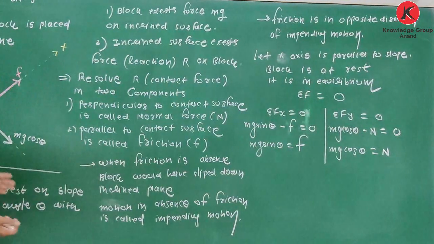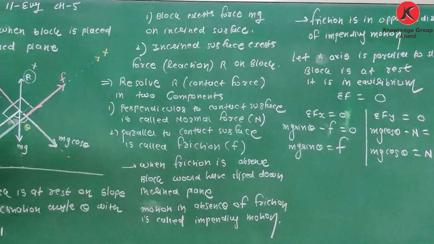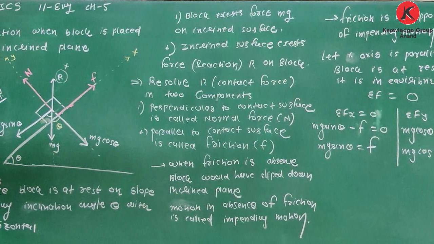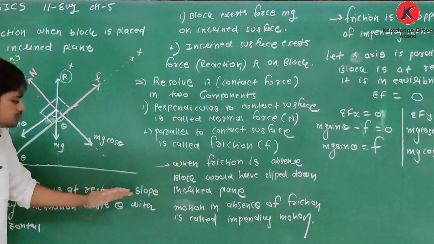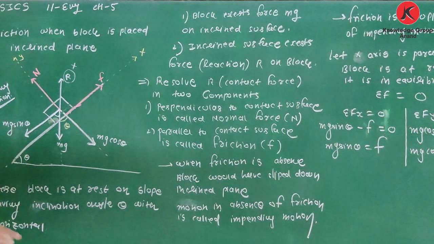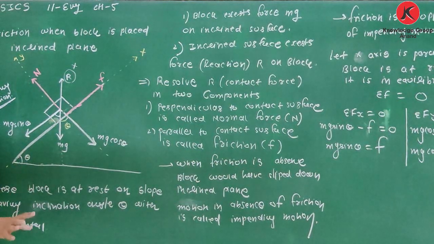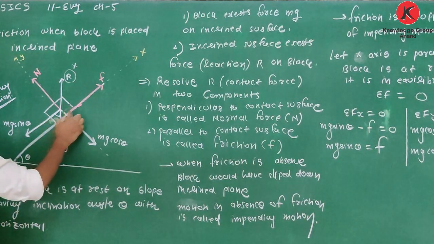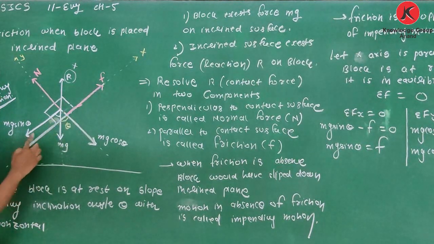Again, see, force acting in one direction is equal to force acting in the other direction. Clear about this? Whenever an object is at rest in equilibrium, it is simple. First of all, resolve forces parallel to the x and y axes.